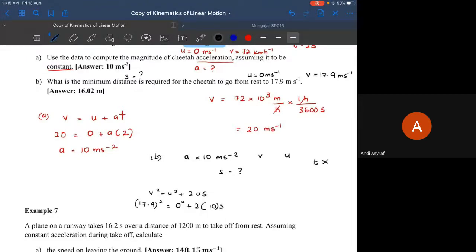And then I think you will get your answer, S is equals to, when you press the calculator, 16.02 meter. Okay. So very very simple lah, this subtopic 2.2. Okay, then how many questions does Miss want to do, 1, 2, 3, 4. Okay, all of these are easy. Okay, so we continue with question number 7.